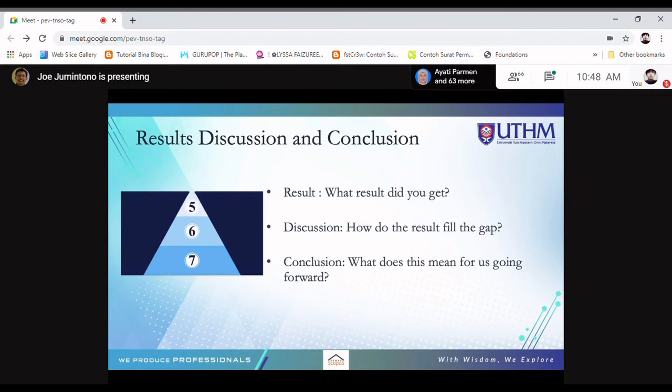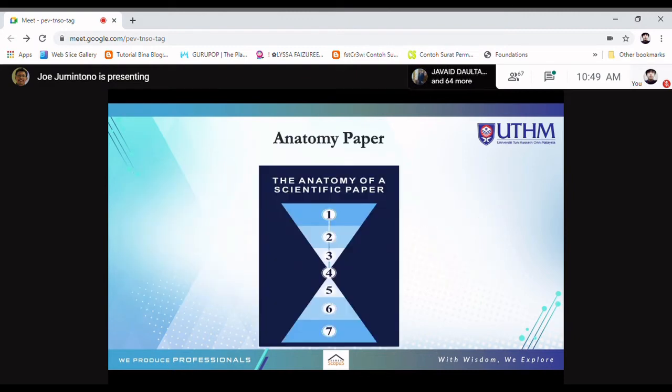A good education institution will bring the nation forward. So this is very broad. This is result, discussion, and conclusion, the second half of our paper. Is it clear for everyone, the anatomy of the paper from broad, narrowed, and broad again?